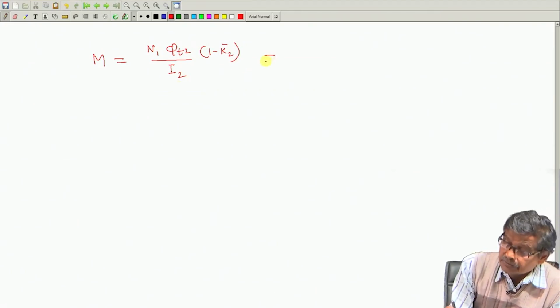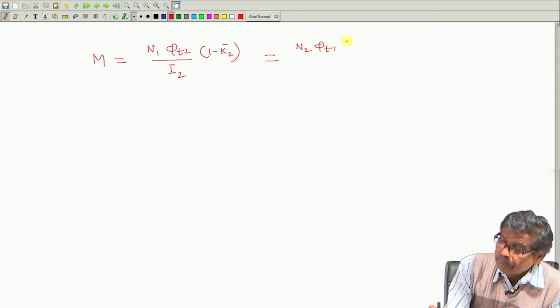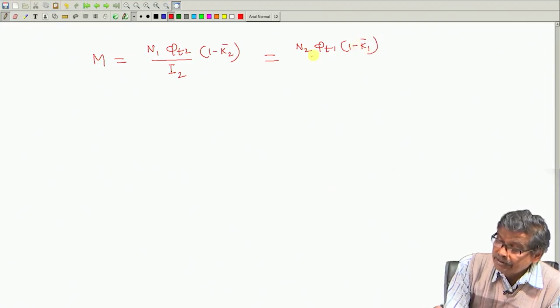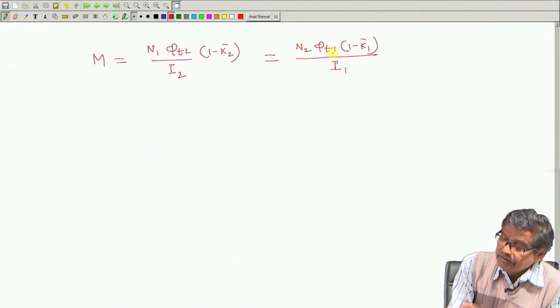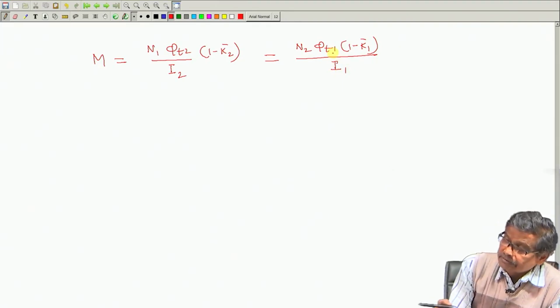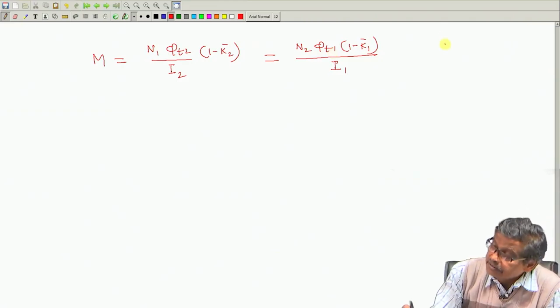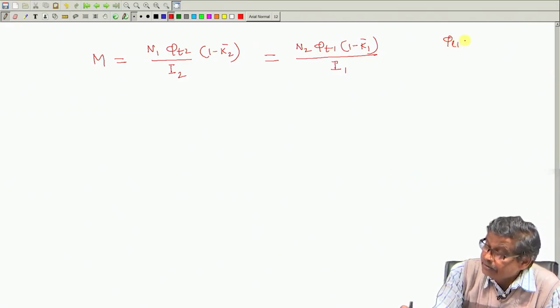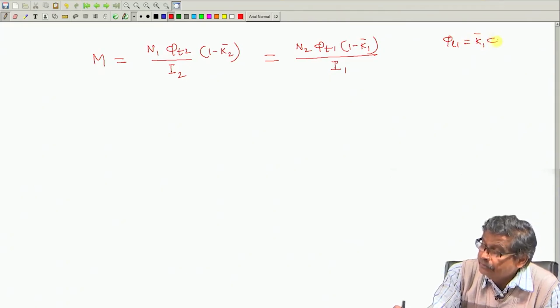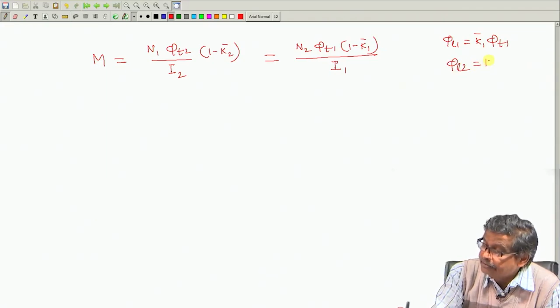Also, this is equal to N2 phi T1 by I1 into 1 minus K1 bar. What are K1 bar and K2 bar? They are the percentage of the total flux which becomes leakage flux. Recall that phi L1 is equal to K1 bar into phi T1, and the leakage flux of the second coil is K2 bar into phi T2.